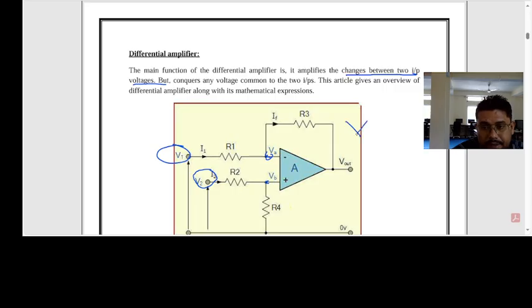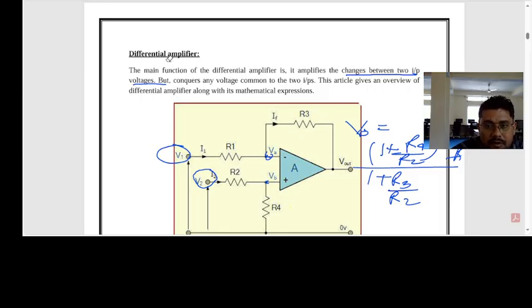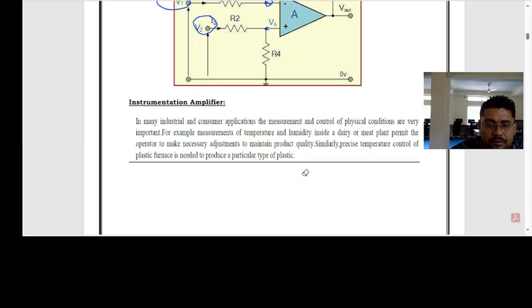I am writing the direct output here: 1 plus R4 divided by R2, into 1 plus R3 into R2 minus. In this way we can find the output.